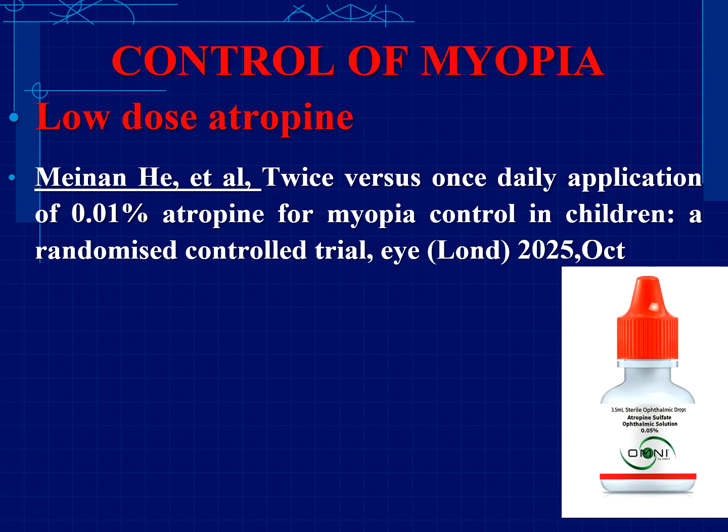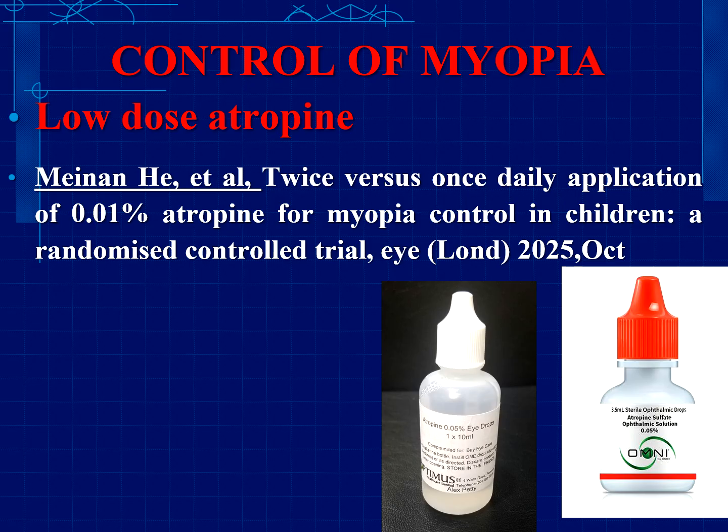Another method for controlling of myopia is using low-dose atropine. Atropine is a very, very well-known medication. The history of atropine is very, very long, but low-dose atropine, I mean the concentration of 0.01 or 0.05, is very common for controlling of myopia.